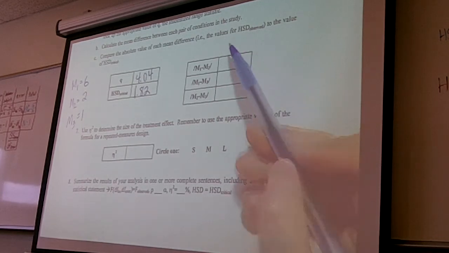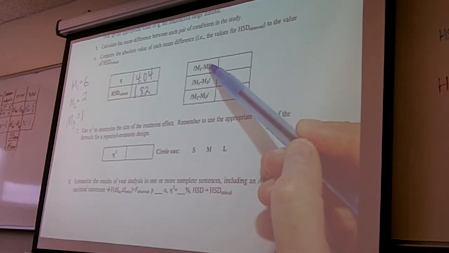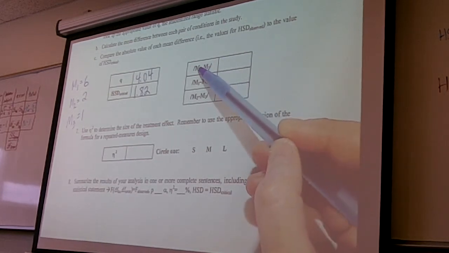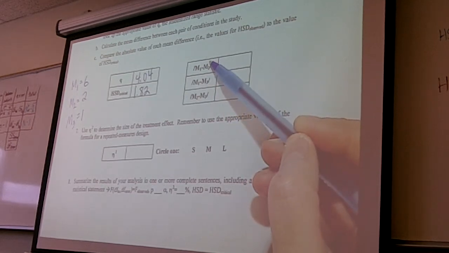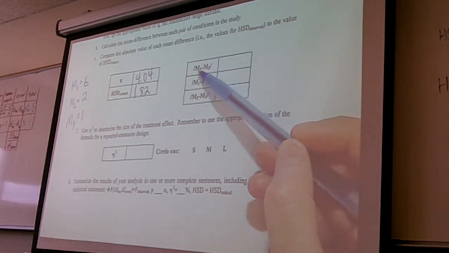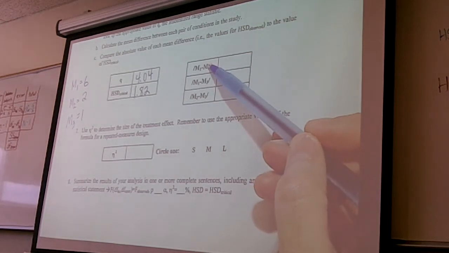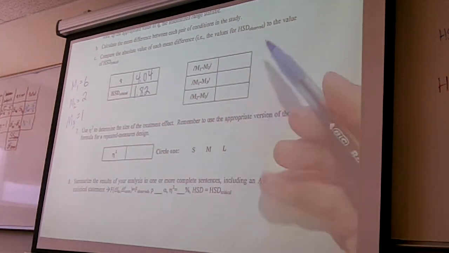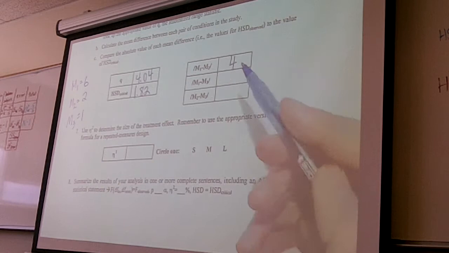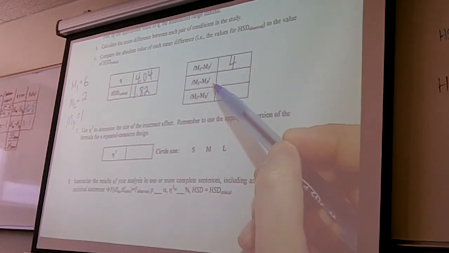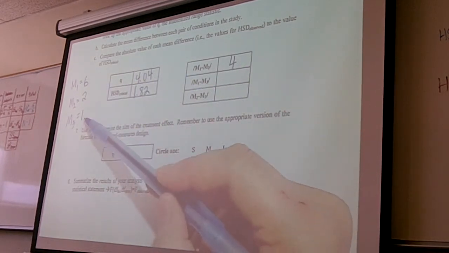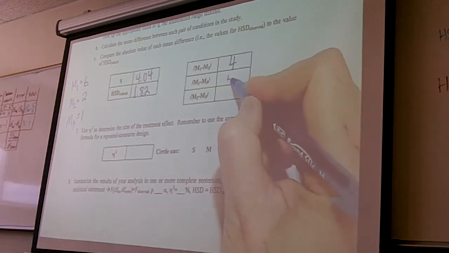Now I'm going to take the absolute value of the difference between the mean for group 1 and the mean for group 2. That's 6 minus 2, and that is 4. Now the mean for group 1 and the mean for group 3. That's 6 minus 1, and that is 5.